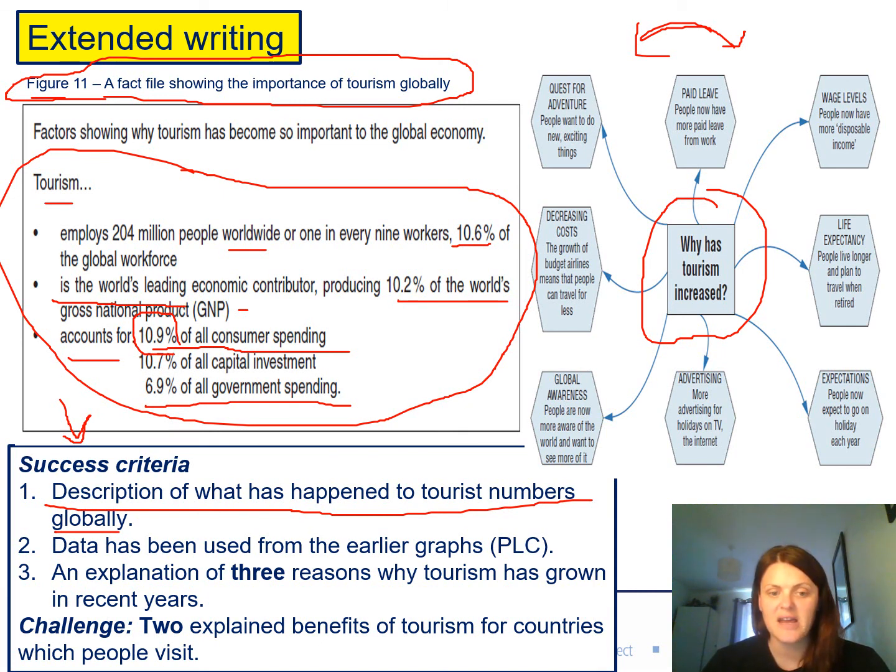You need an explanation of 3 reasons why tourism has grown. So that links to this. And then you've got a challenge. It says you've got to have 2 explained benefits of tourism for countries that people visit. So what does tourism do for countries that they visit? It's a bit tricky, but let's have a look at an example.